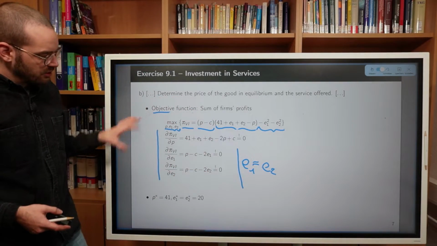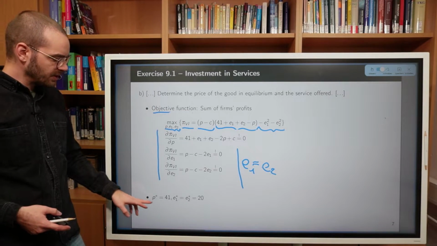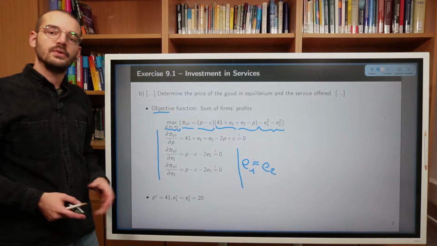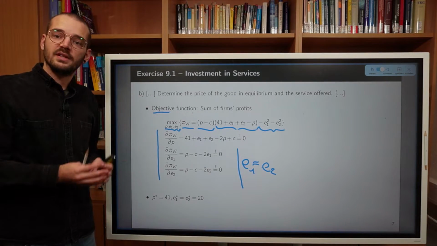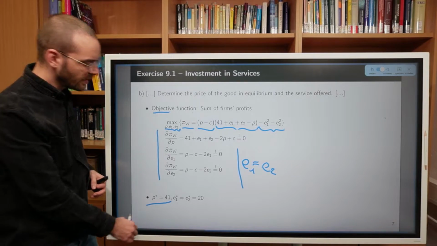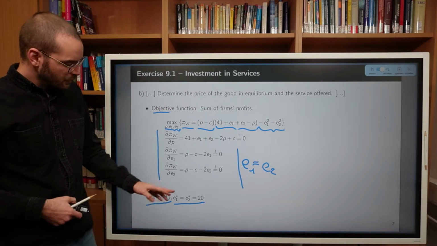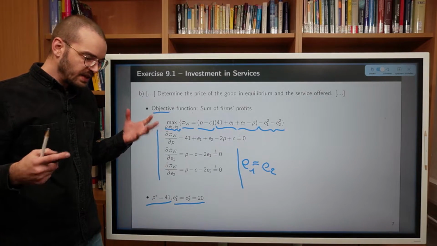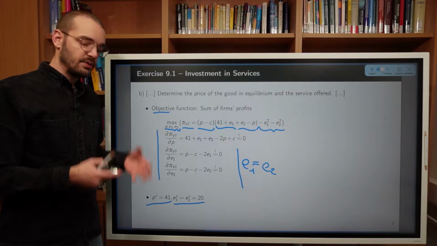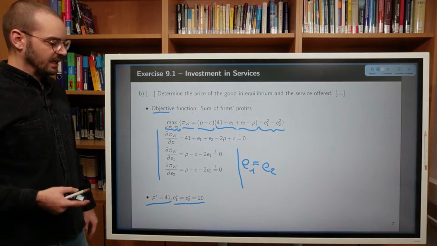And if we now solve this linear equation system, we find out that the price in equilibrium that this now vertically integrated firm will ask for is 41, and that the amount of services it will provide is 20 for each of both retailing divisions. So E1 equals E2 equals 20.